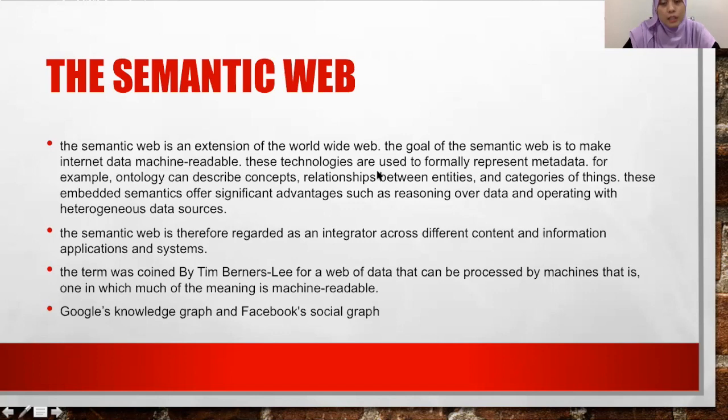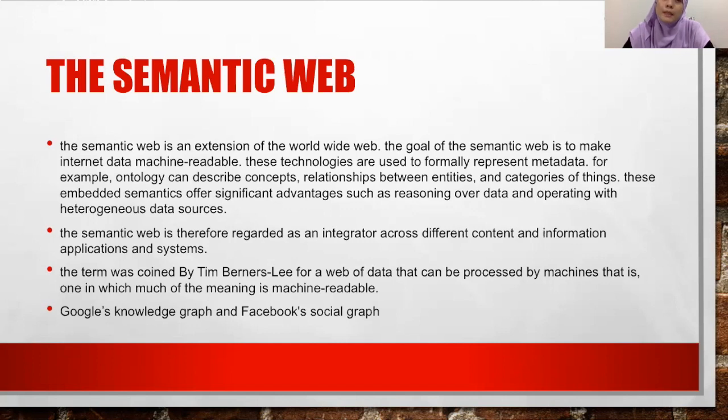So these technologies are used to formally represent metadata. For example, ontology can describe concepts, relationships between entities, and categories of things. These embedded semantics offer significant advantages such as reasoning over data and operating with heterogeneous data sources. What does this mean? It sounds very technical, very smart.